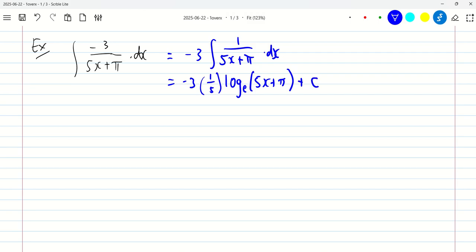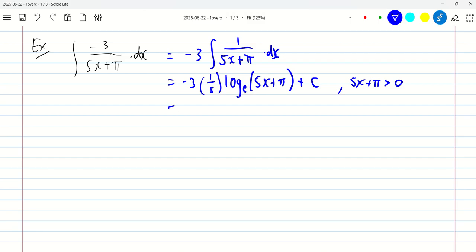Plus c. It's easy as that, but we just need to qualify when this function is allowed to be, if there's any domain restriction. The domain restriction is that 5x plus pi must be greater than 0, not equal to 0, greater than 0.